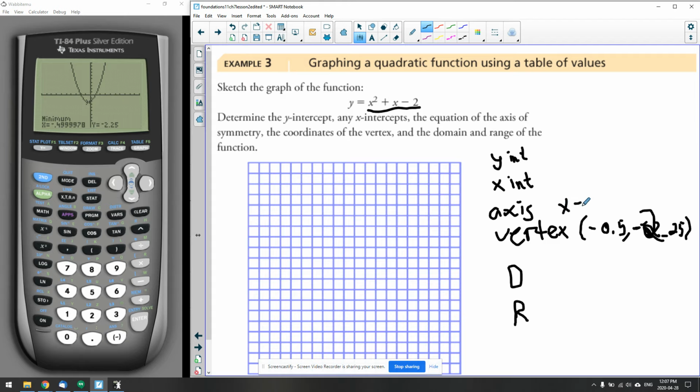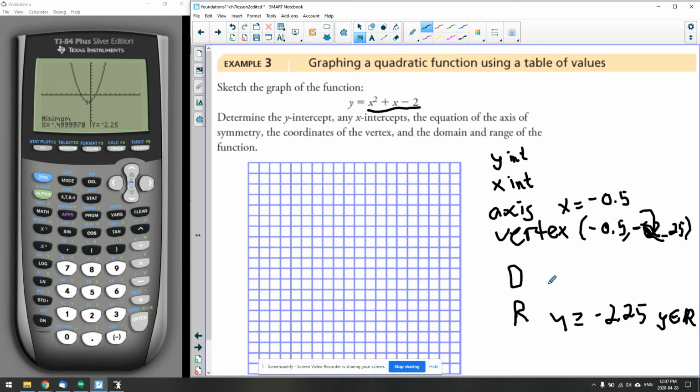So we can get our axis of symmetry from there. It's just going to be x is equal to, we take the x value, negative 0.5. We can get our range, y is greater than or equal to negative 2.25, y is an element of the reals.